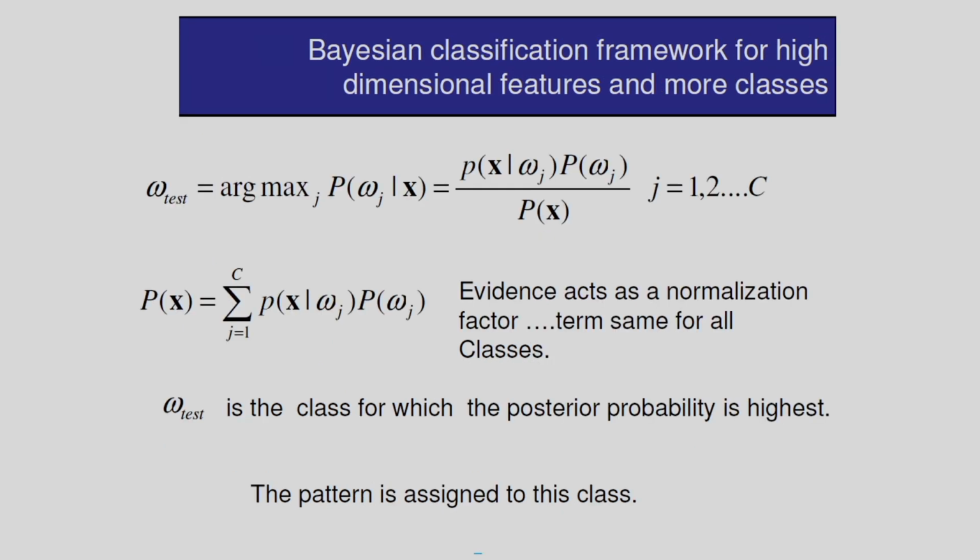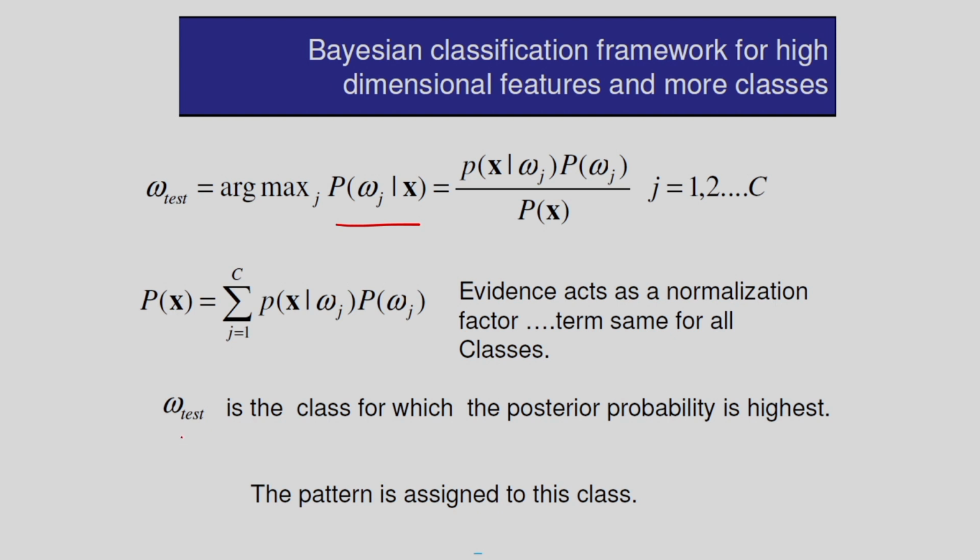You can see the same thing I am showing here. W test is equal to argmax of the posterior probability, and the evidence, as already explained, is nothing but the normalization factor. It is the same for all the classes, so it has no role in classification. So how to do the classification?